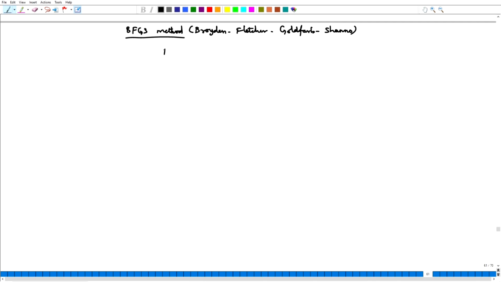I will just write it down: B_{k+1} equals B_k plus (gamma_k transpose B_k gamma_k by delta_k transpose gamma_k) into (delta_k delta_k transpose by delta_k transpose gamma_k). Note that the first is a scalar and delta_k delta_k transpose is a matrix.